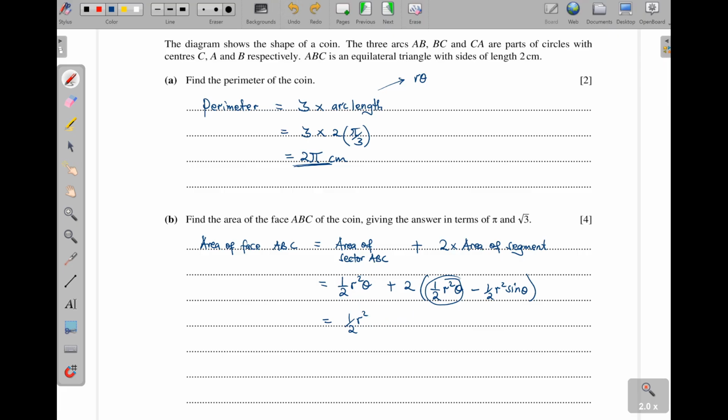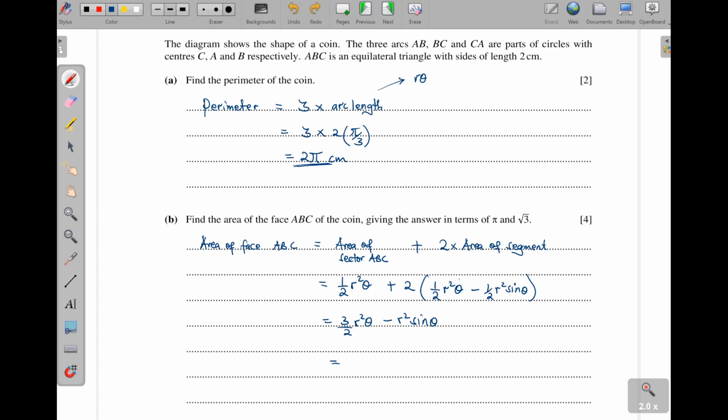So I can write this as 3 over 2 r squared theta, then plus, when this one multiplies with this, that 2 goes away, then we shall have minus r squared sine of theta. So they want it in terms of pi, and then root 3.